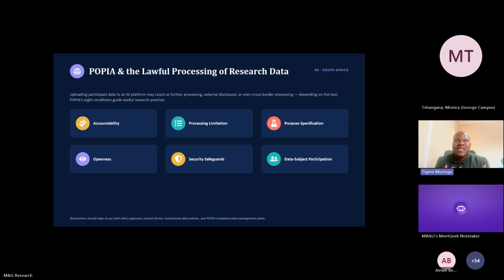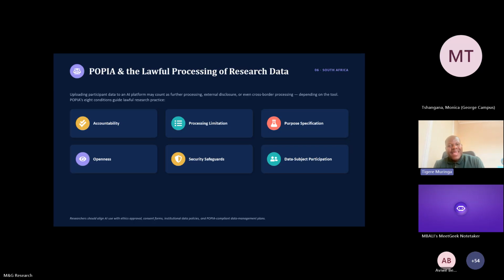Right? What does this mean to the researcher? It means researchers should align AI use with ethics approvals, consent forms, institutional data policies, and POPI Act compliant data management platforms. So what are we saying? If you are going to analyze data using these platforms, that should already have been declared in your proposal or in your ethical clearance application.